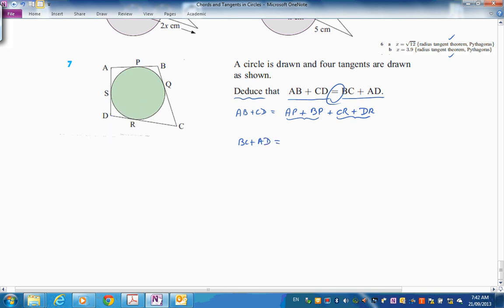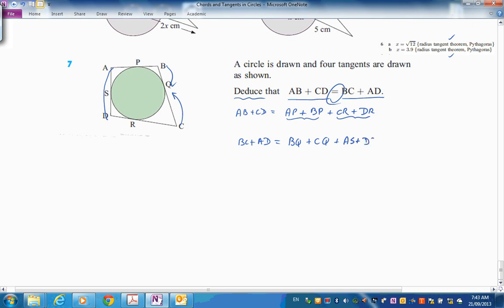Okay, so BC, this is this line, is BQ plus CQ. Okay, I'm doing BQ plus CQ, same reasoning as before, looking at them as coming from an external point as a tangent to the circle, so you use that theorem. And then AD here will be AS plus DS.